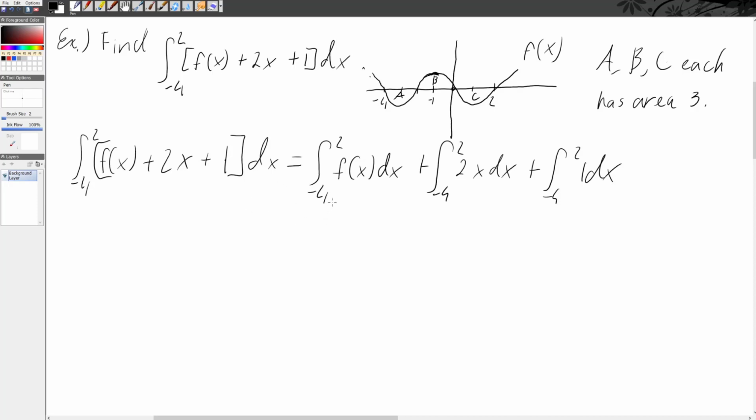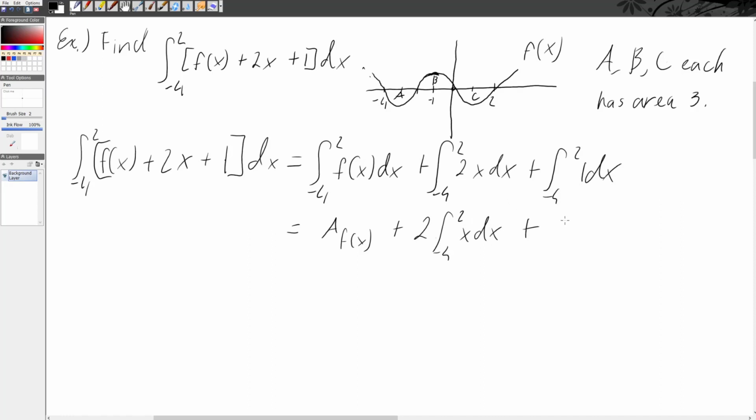Now, what this amounts to is asking, what is the area given by f of x? What is the area given by 2x? Well, we can take out the 2 because it's a constant and we just worry about x.